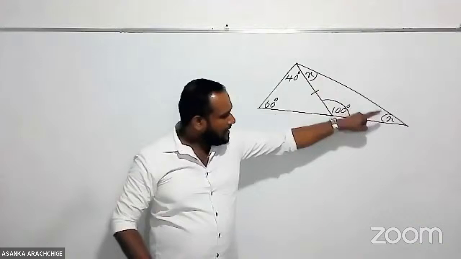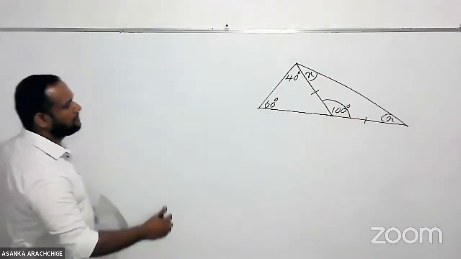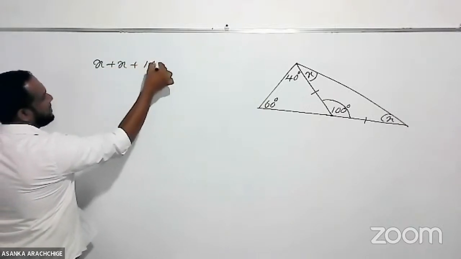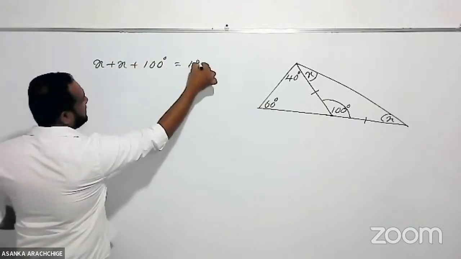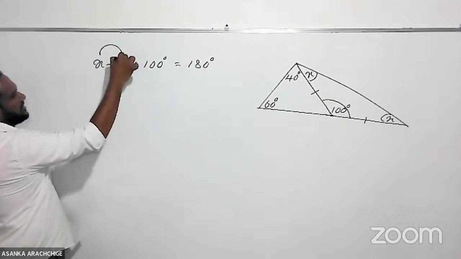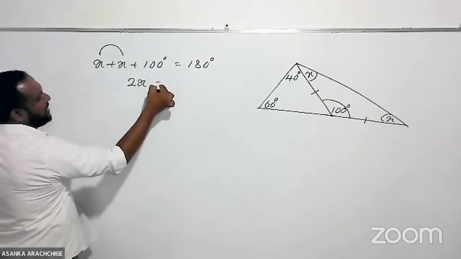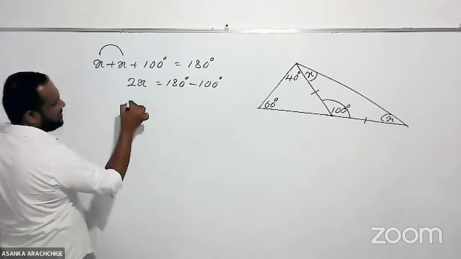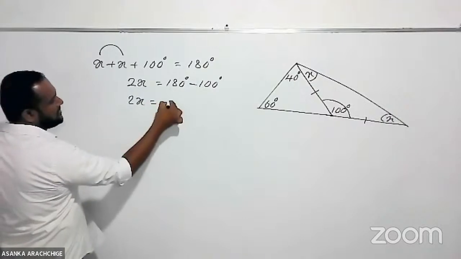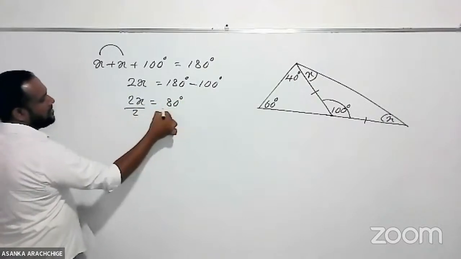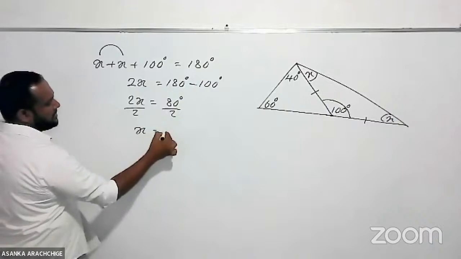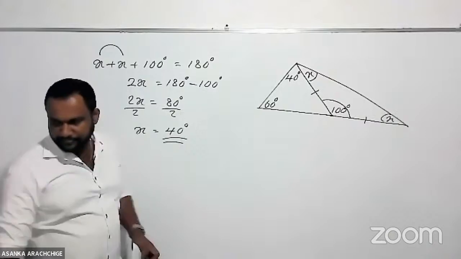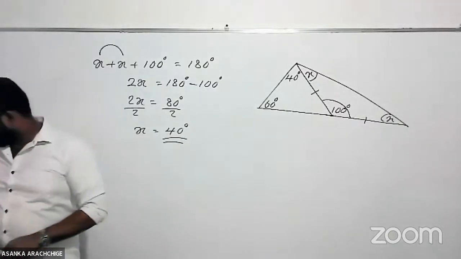Then x plus x plus 100 must be equal to 180. 2x is equal to 180 minus 100, which means 2x is equal to 80. Divided by 2, x is 40 degrees. Correct? X is 40.